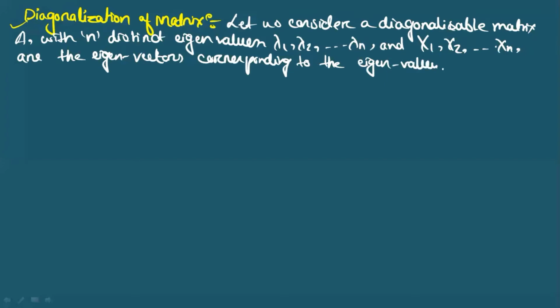All right, x1, x2, xn are linearly independent eigenvectors corresponding to the eigenvalues.